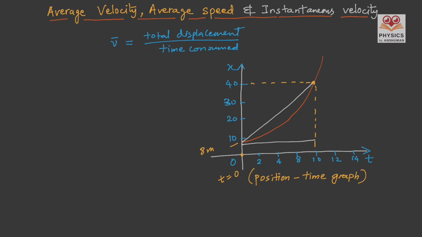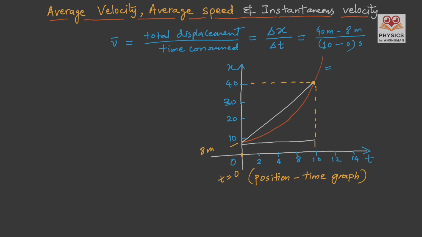So our average velocity is equal to total displacement divided by time consumed. Total displacement we can show by delta x, the change in position, divided by the time consumed, delta t. Now the value of delta x is from 8 meters to 40 meters, so the change in position is 40 meters minus 8 meters, and the time elapsed is 10 seconds minus 0 seconds, because it started at 0 and goes till 10 seconds.